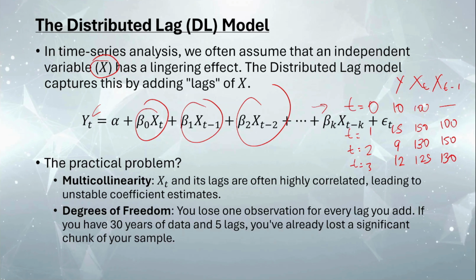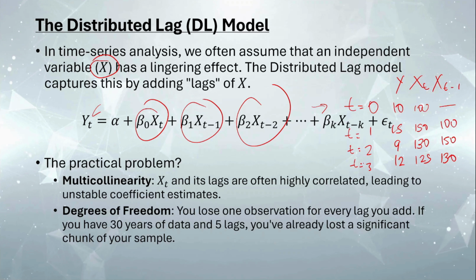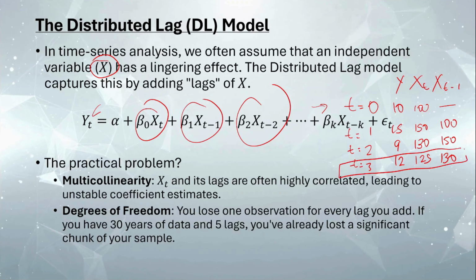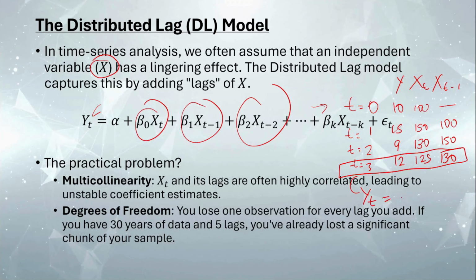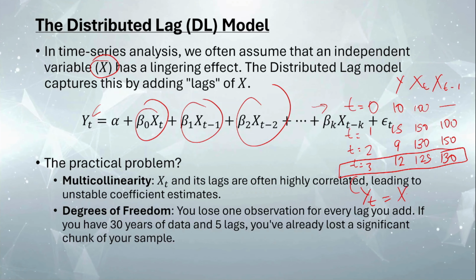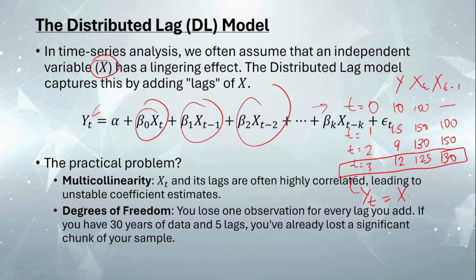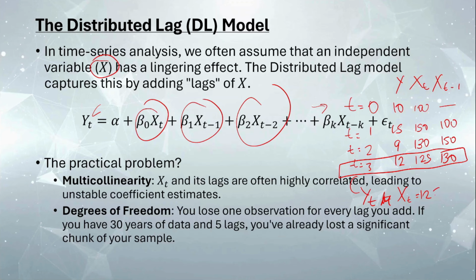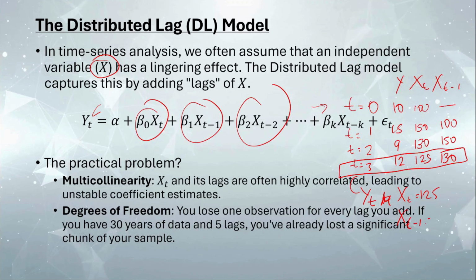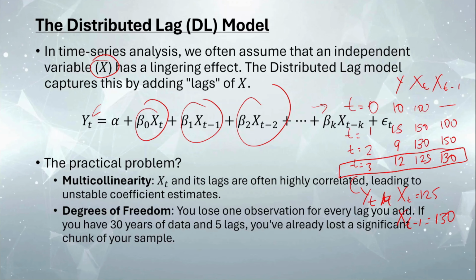So when t equals 3, say this is your current yt, just for example, its x at that particular time is 125, but its xt minus 1 would be 130, the one period before.